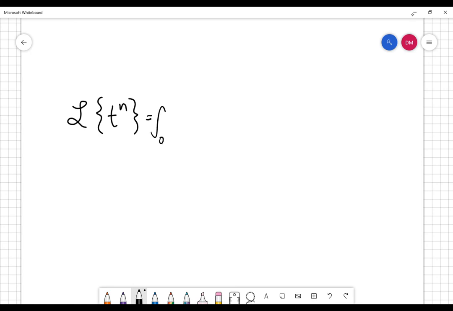So this is going to start out like this. Okay, that's your integral right there. You're going to evaluate the limit as a goes to infinity of our integral from 0 to a of t to the n e to the negative st dt.